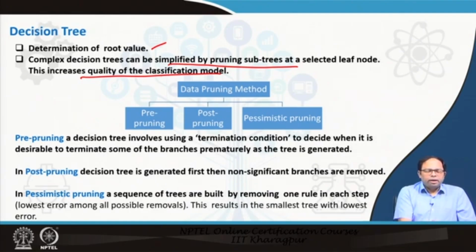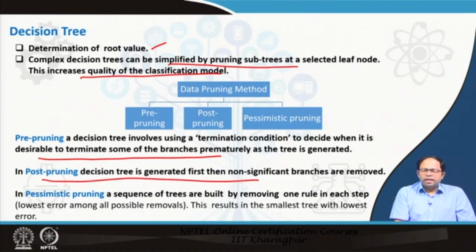One is pre-pruning, where a decision tree involves using a termination condition to decide when it is desirable to terminate some of the branches prematurely as the tree is generated. That means, while the tree is being generated, some branches we do not go further, based on some criteria. Then in post pruning, the decision tree is generated first, and then non-significant branches are removed.